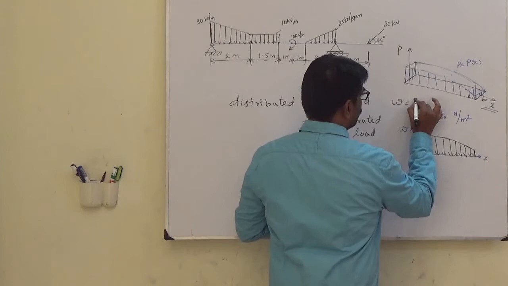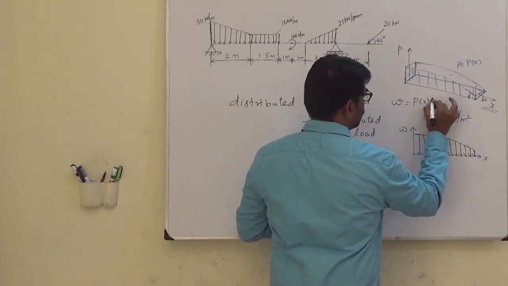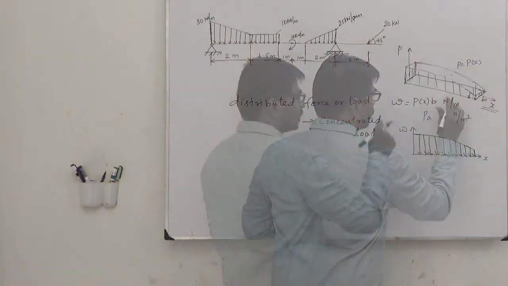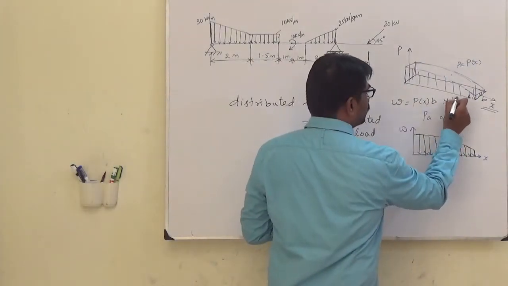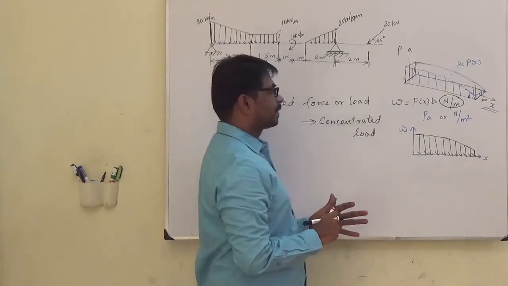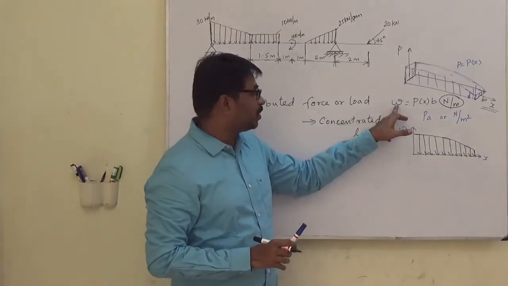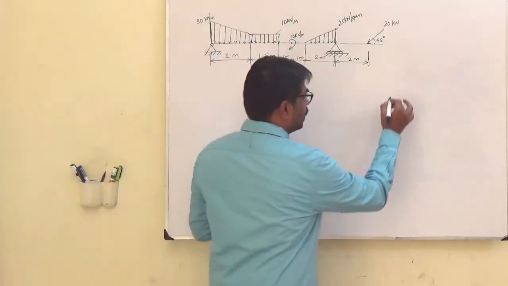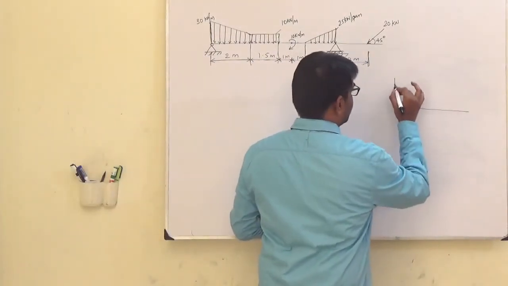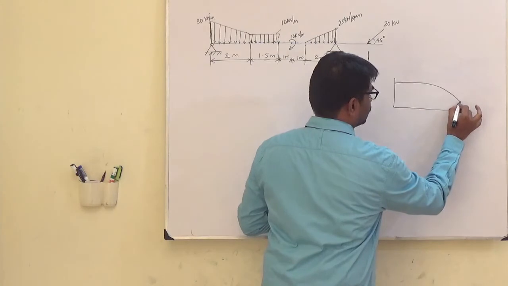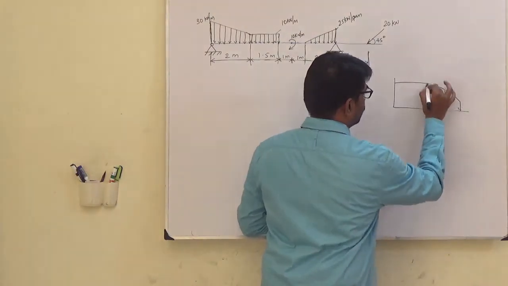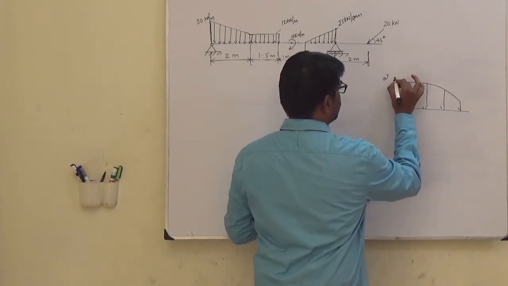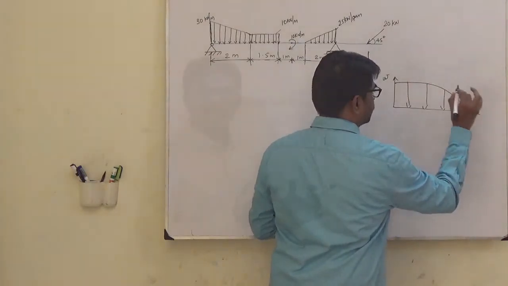So P of x into B will be Newton per meter. So W is Newton per meter. When we have a distributed force in a plane like this, this is the W axis, this is the x axis.